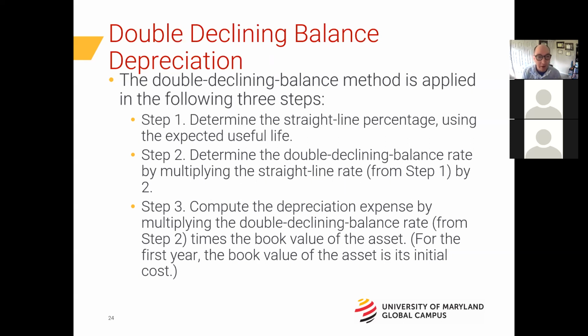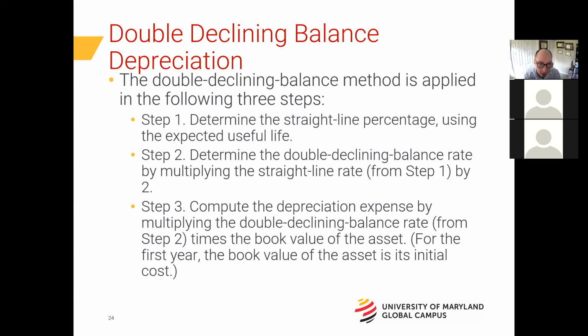There are a couple of steps we need to follow to determine double declining balance. The first step is to determine the straight line percentage. This is relatively simple. We take cost minus salvage value divided by useful life, and multiply by 100 to find the percentage.